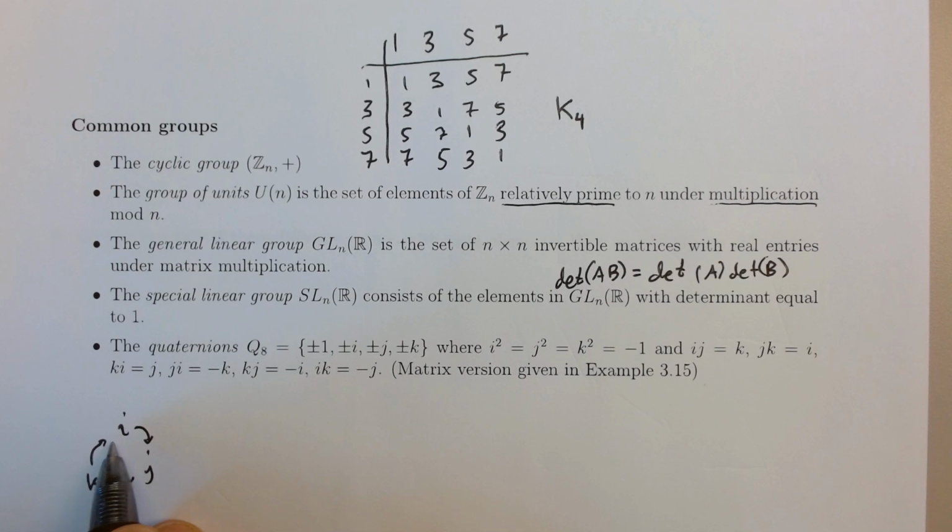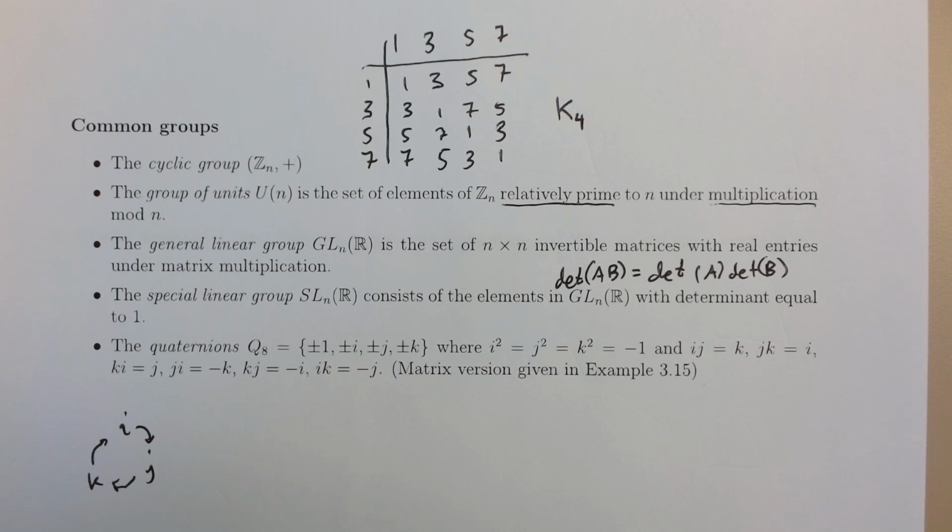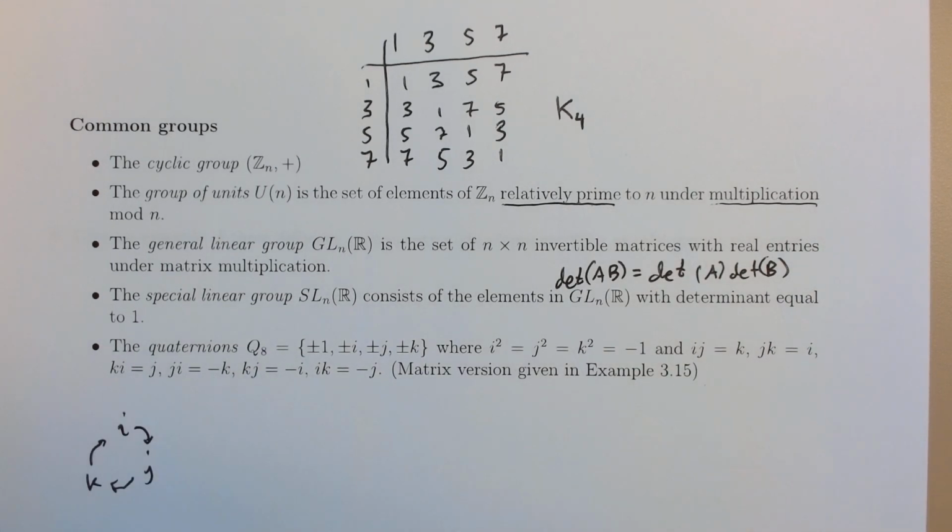So if you go the other way around, you get the negatives. So it is not a commutative group, where, of course, the complex numbers are. If you just had i, you'd be fine. But if you include these other roots of -1, then you get a non-commutative group, or what we call a non-abelian group.